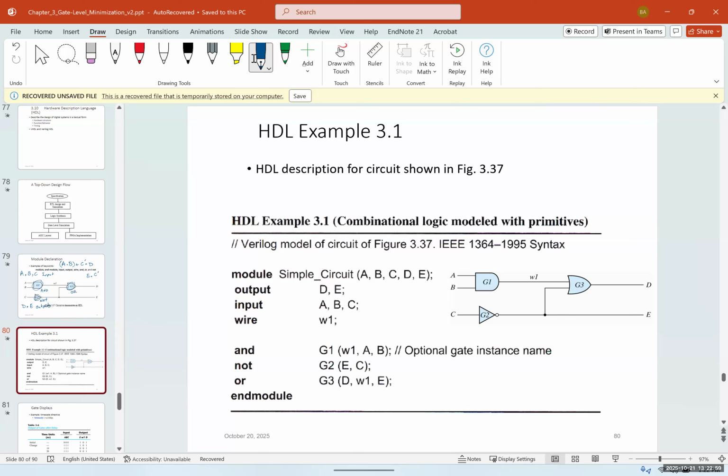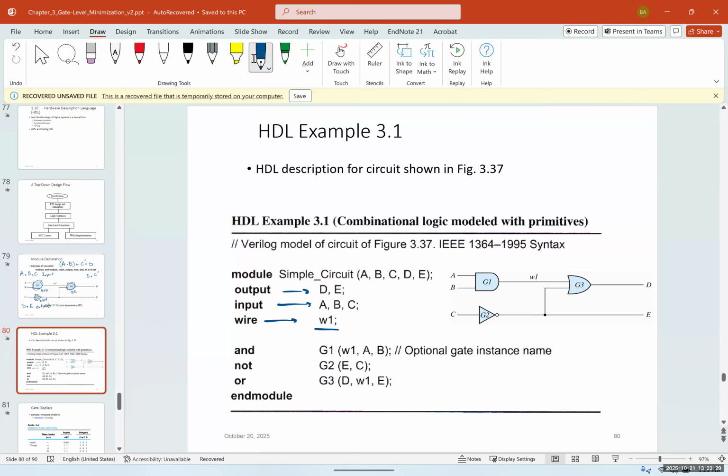So the Verilog model, the module would be simple circuit A, B, C, D, E. We would define our outputs, inputs and the wires. So we have the outputs, which are D and E. We have the inputs, which are A, B, and C. And the wire, which connects 2 different stages of gates, is W1.